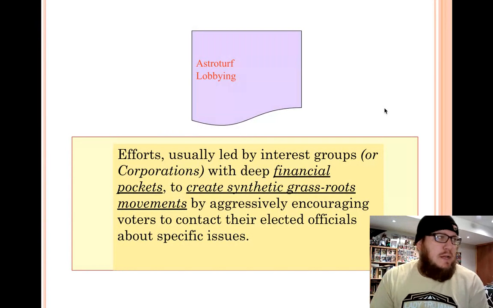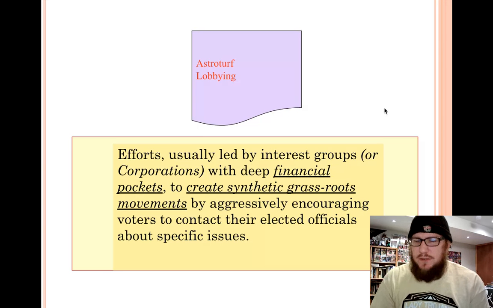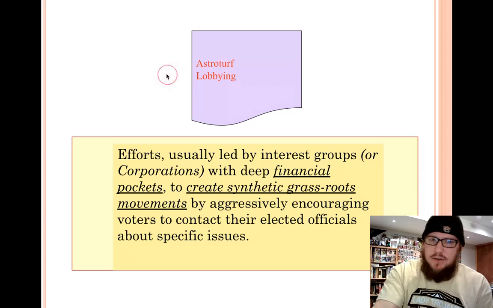Sometimes people point to things like if corporations compel their staff to attend some sort of rally or be filmed in a commercial, and those kinds of things you'll see cited as AstroTurf.